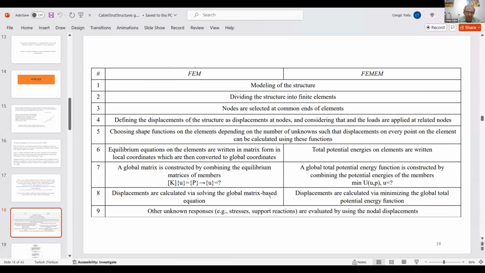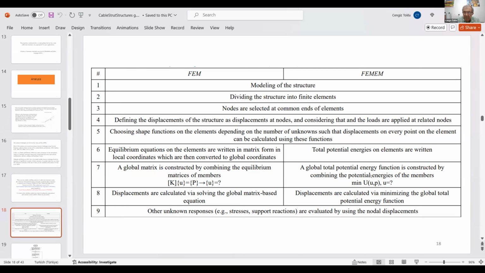Then the next step, on the left-hand side, we have a matrix equation, we solve it and find the deflections, displacements, according to this equation. On the right, we have a functional.